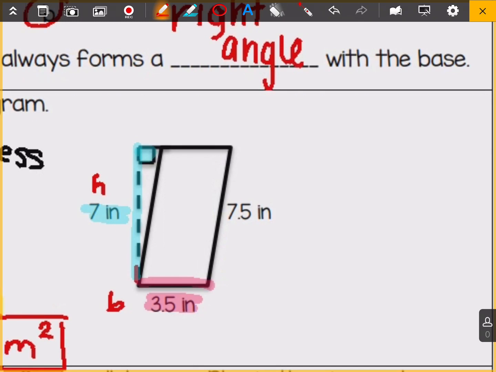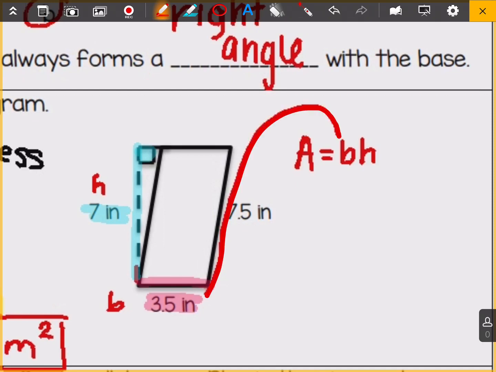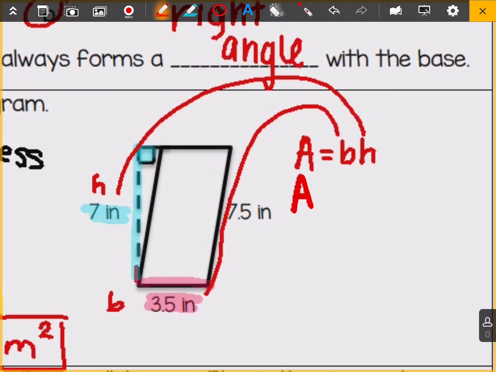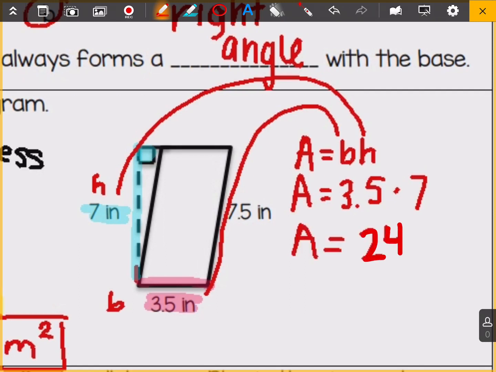I'm going to go ahead and rewrite the equation. So it's A equals B times H. And I'm going to plug in 3.5 for the base and 7 for the height. So I'm going to rewrite my entire equation, including the A equals. A equals 3.5 times 7. When I multiply this out, I find that my answer is 24.5.